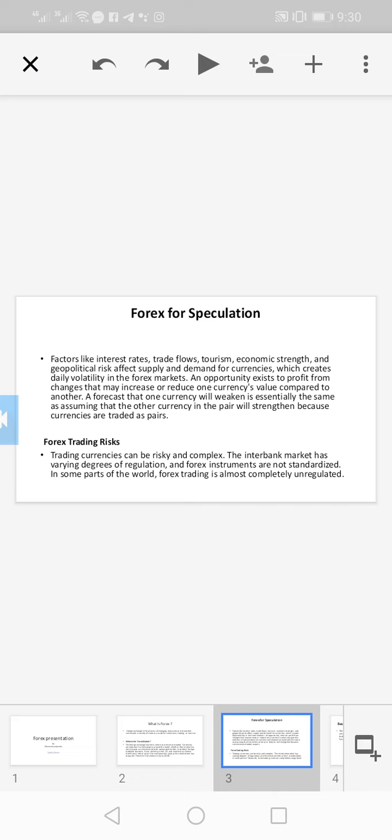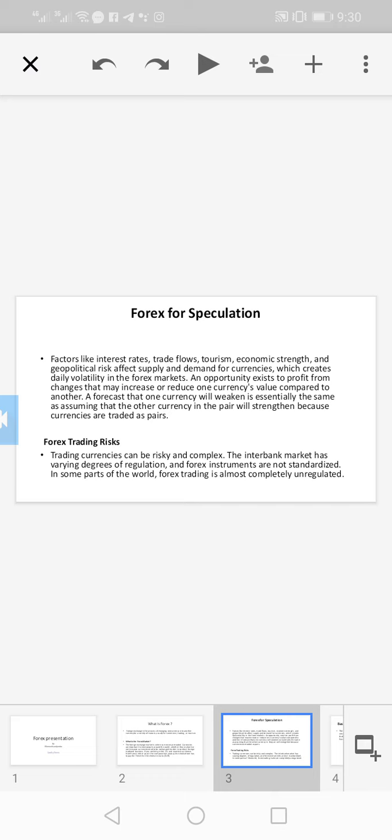So you can just do it at your own comfort, at the comfort of your home. All you need is just a phone or a PC and the internet, and you'll be able to do this exchange. You'll be able to take part in the foreign exchange market.